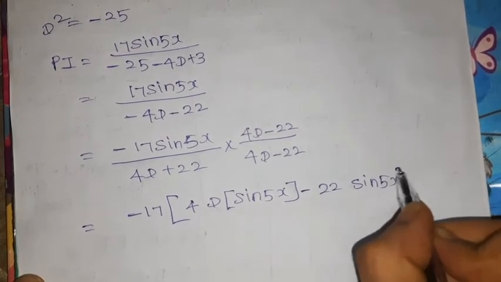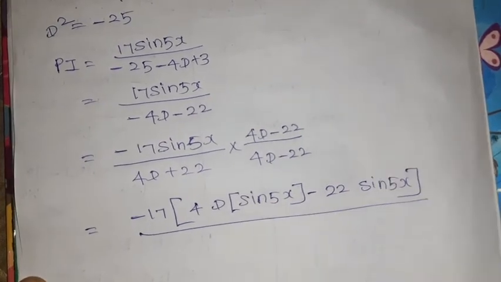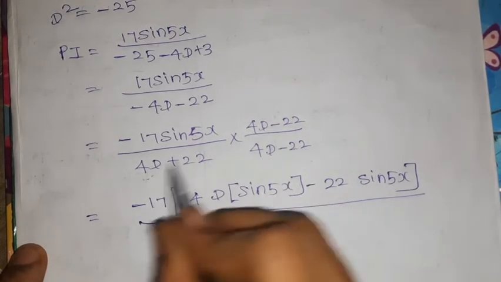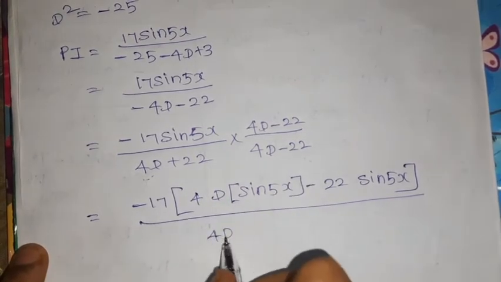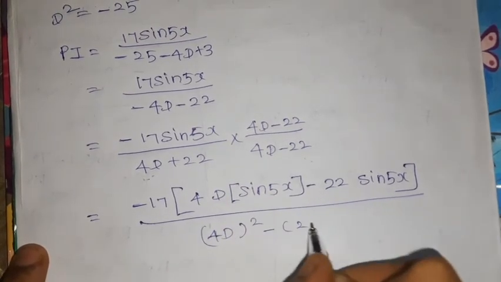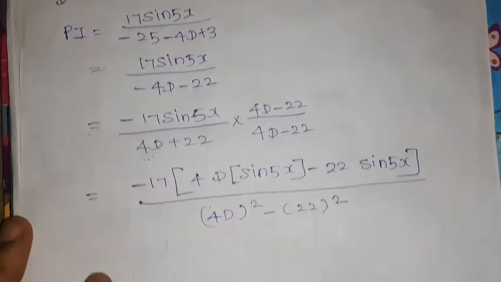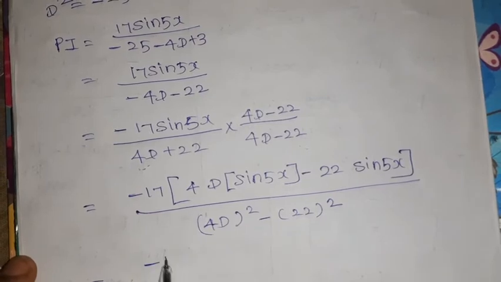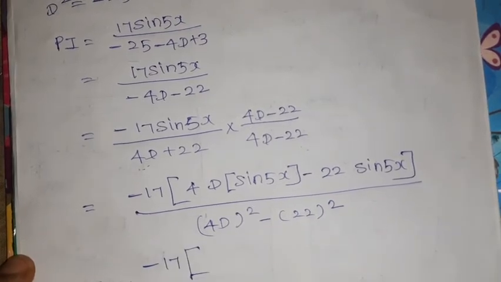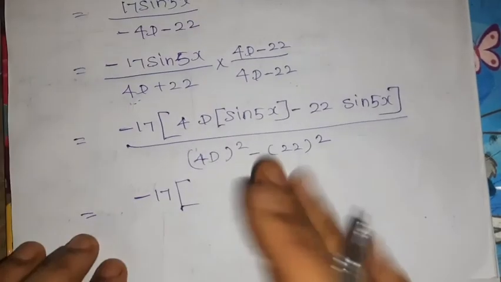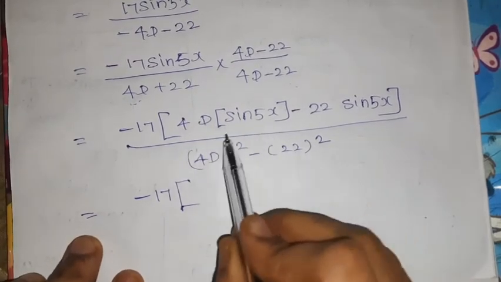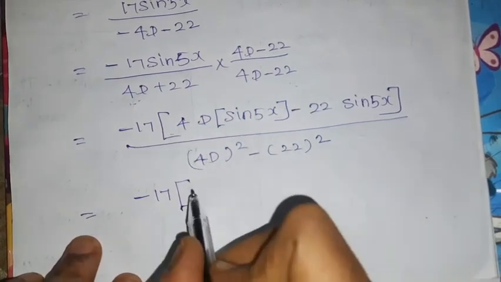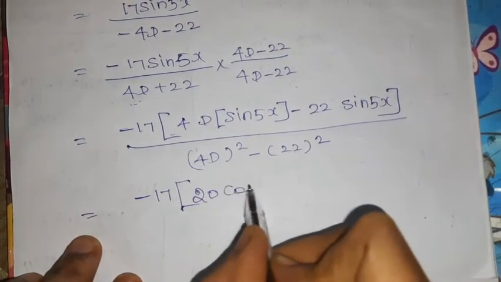In the denominator, a plus b into a minus b is a squared minus b squared: 4D the whole square minus 22 squared. Minus 17 stays outside. The differentiation of sin 5x is cos 5x into 5, and 5 into 4 gives 20 cos 5x.